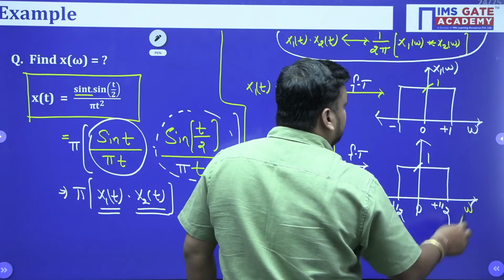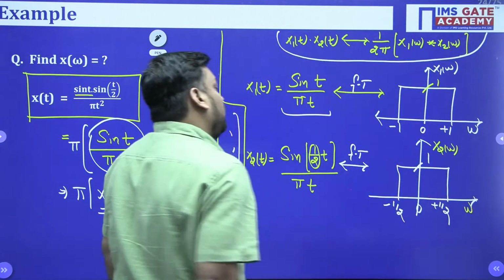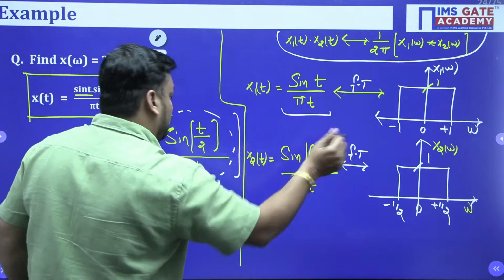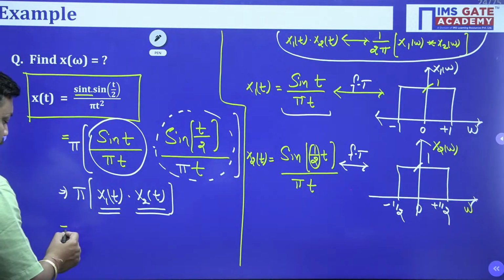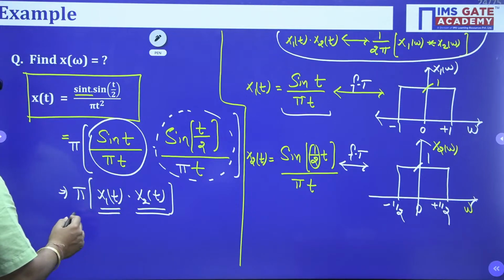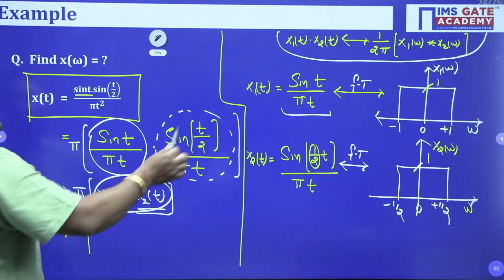This is omega, and this is x2(omega). So I have x1(omega) and x2(omega). Now if I want to apply the property, multiplication in time is convolution in frequency, pi is also multiplied outside.